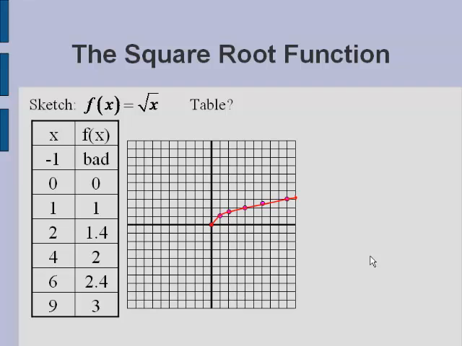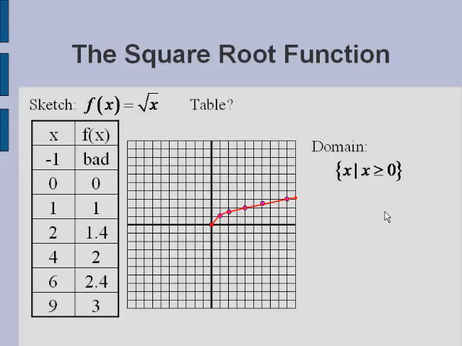Now, when dealing with square root functions, it is important to understand the domain of the square root function. What we can see from this graph and what we talked about in the table is that the domain of this function is the set of numbers x such that x is greater than or equal to 0.